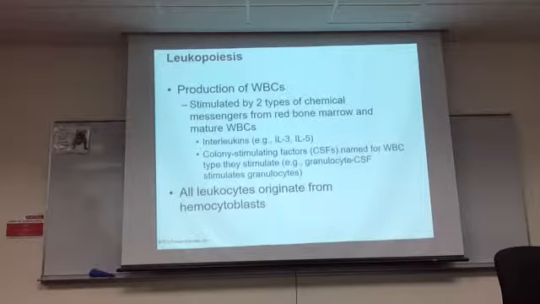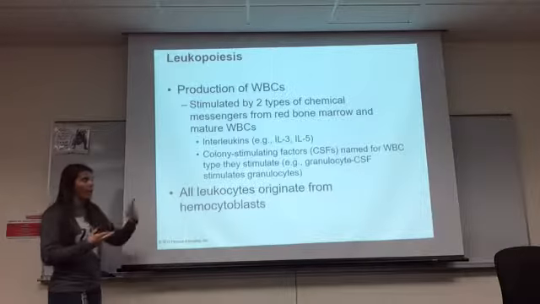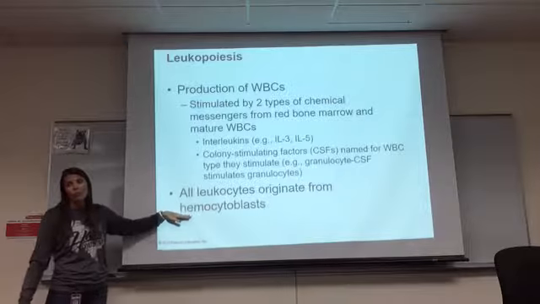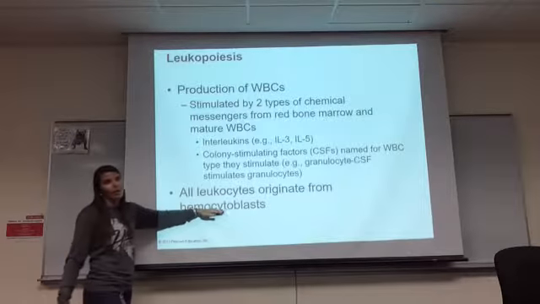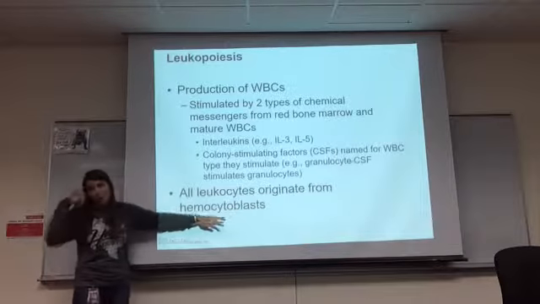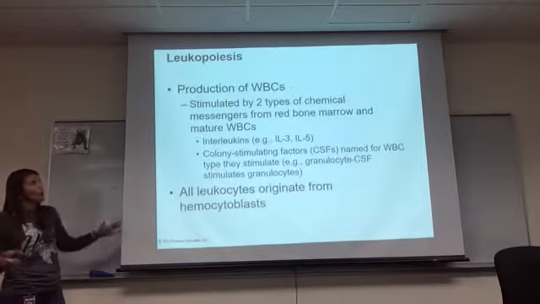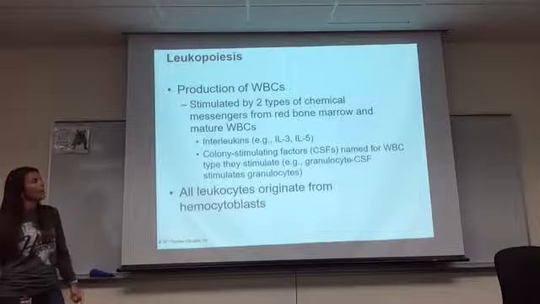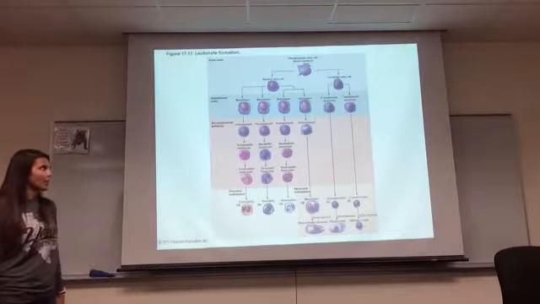Leukopoiesis, which is the production of leukocytes, so we're just making white blood cells. And white blood cells are made from hematopoietic stem cells. So hemocytoblast, hemo is blood, cyto tells you cell, and blast tells you that it's a baby, it's immature. Okay, so hematopoietic stem cells, you're going to see they all start from the same thing, and then once they commit, they become white blood cells.